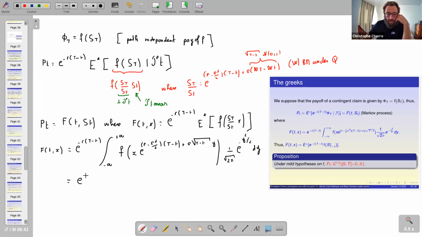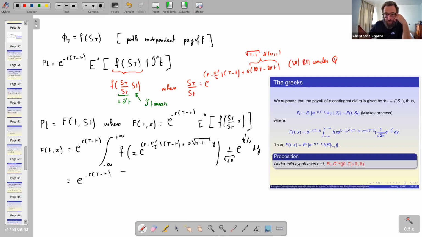I can write it as the exponential of minus r, capital T minus t, so the actualization factor. And this integral here can be written as an expectation, okay, of what? Of the value of the risky asset, not at time t or time capital T, but as you can see, at time capital T minus t.